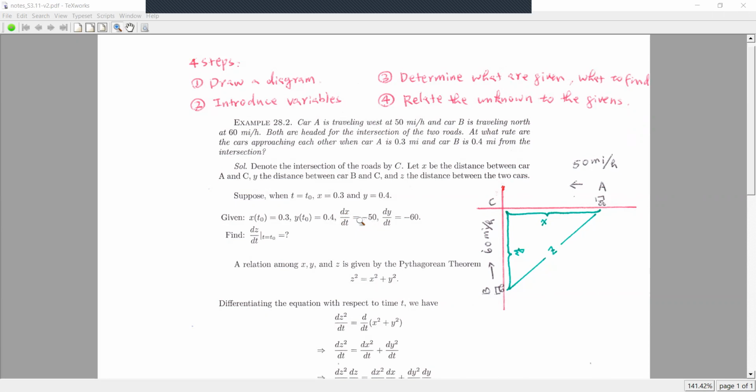By negative, I mean x, the distance between A and C, is decreasing. Car B is traveling at the speed of 60 miles per hour. 60 miles per hour is the rate of change of the variable y. So the derivative of y with respect to the time t is negative 60. The negative means y is decreasing.